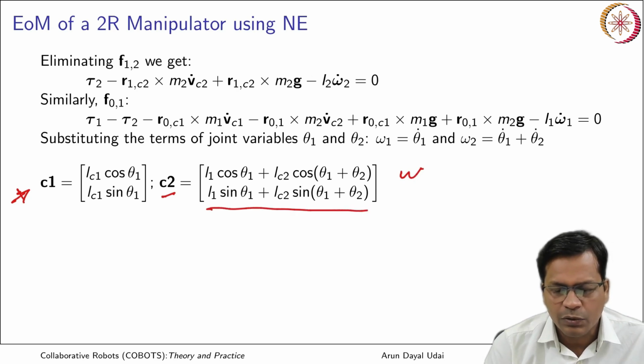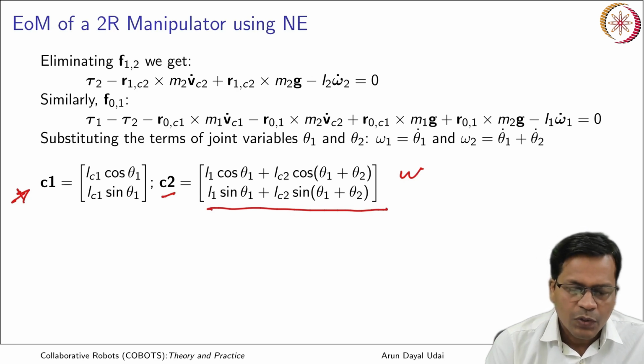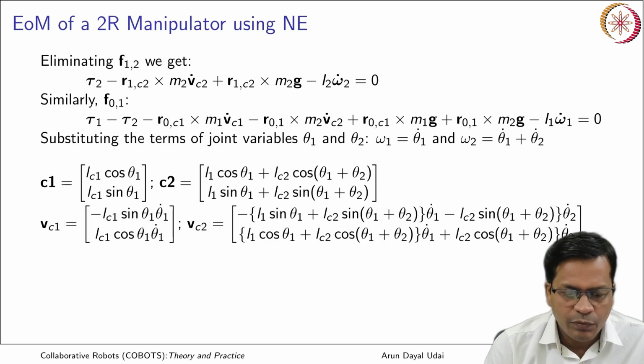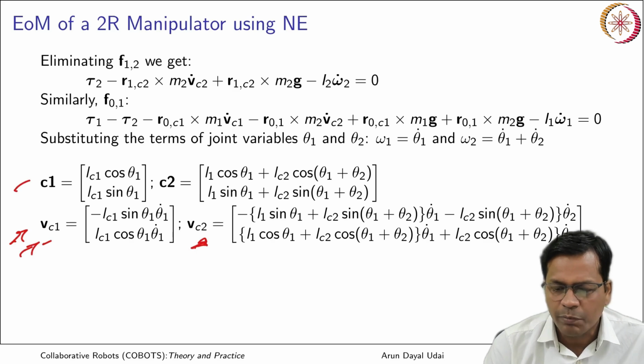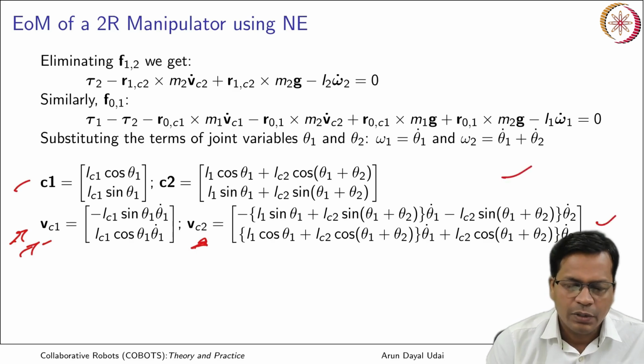So, that is why it is so long. Okay. So, C1 and C2, I have used this also when I substituted in the root equations. And similarly VC1 and VC2 are just derivatives of this. C1 dot is VC1, C2 dot is VC2, that can be quickly derived like this.